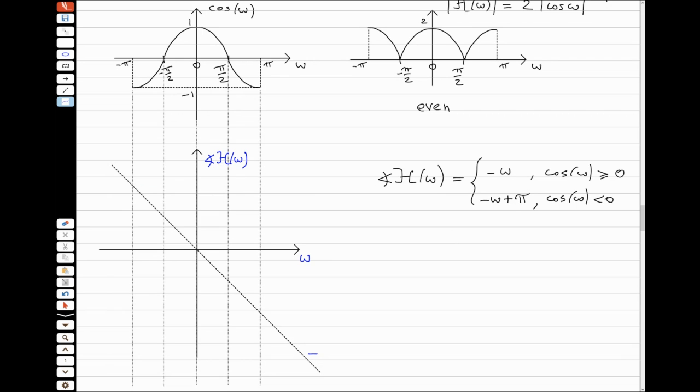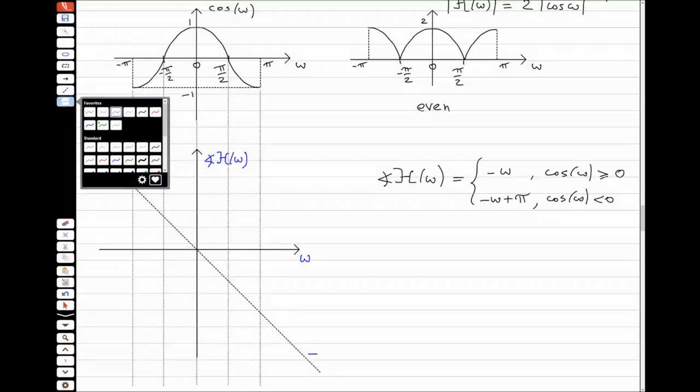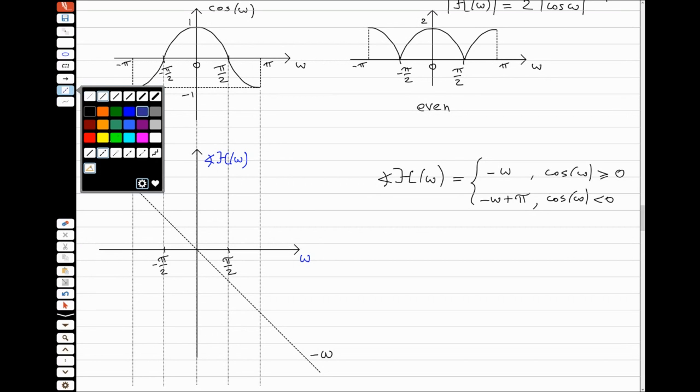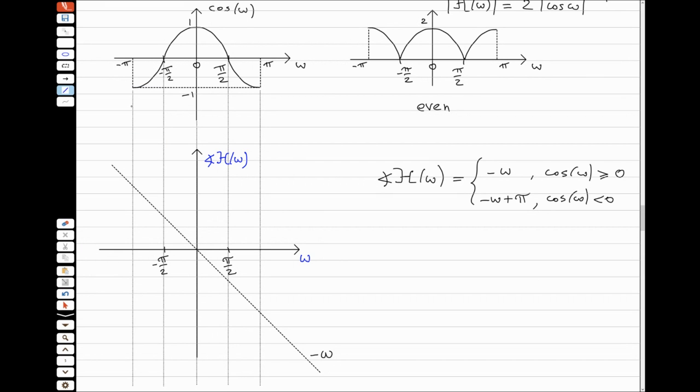So this is minus omega. But the phase response is minus omega only in between minus pi over 2 and pi over 2. So I'm going to highlight in blue the correct part. All right, so I'm done with this part.